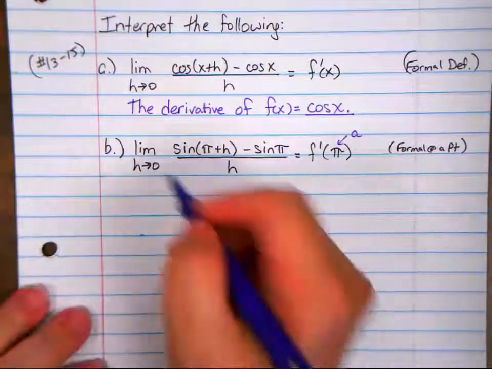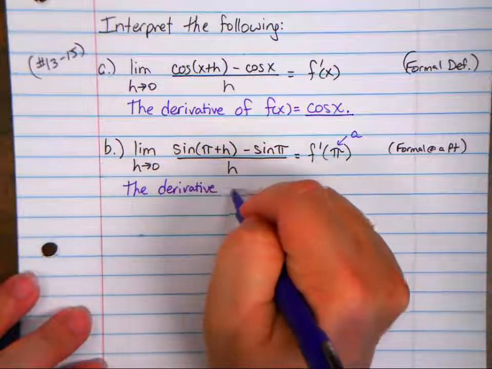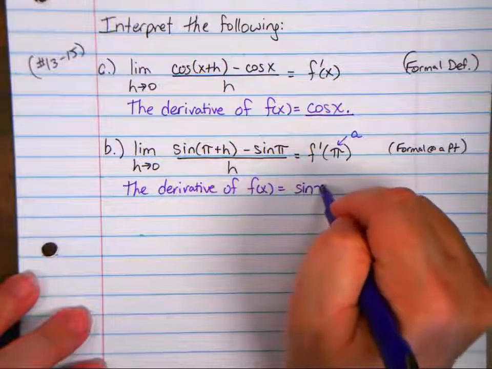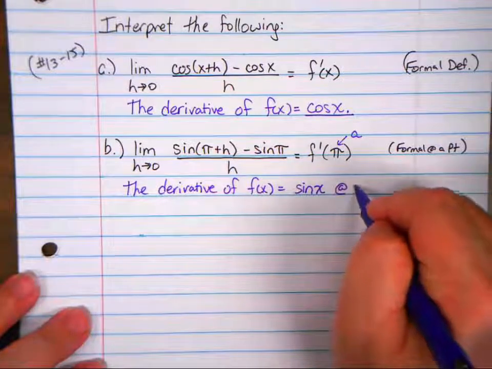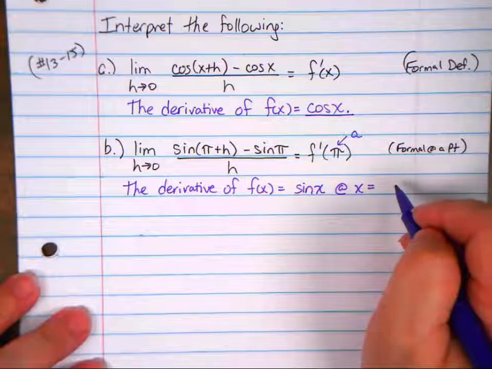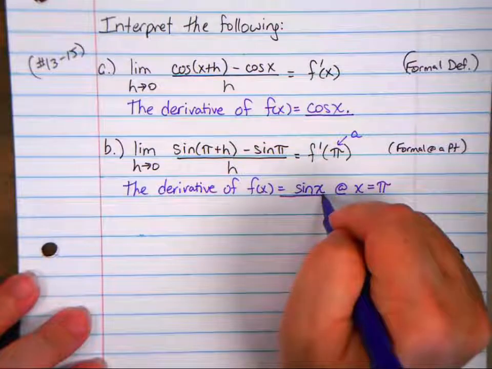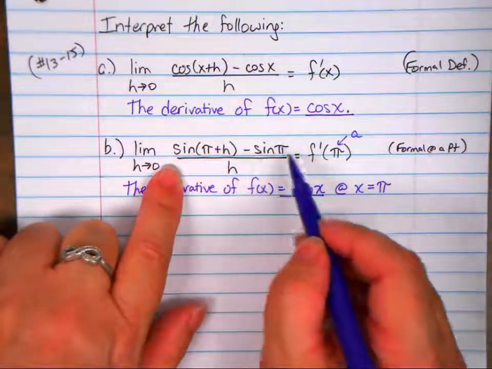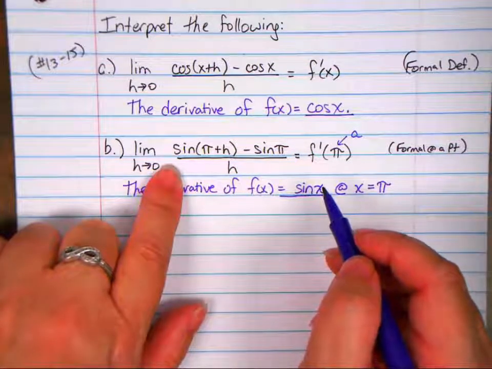So this problem is finding the derivative of f of x equals sine of x, kind of jumping ahead because the bell's about to ring, at x equals what value? At pi. Now, how did I know this was sine? Because just like this one, this is f of a, so that has to be sine of x. Does that make sense? Okay.